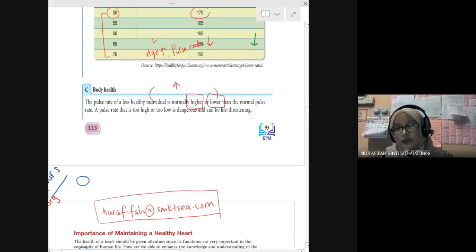Maybe it is because of another disease. Maybe there is a heart attack, so the pulse rate will become higher, or lower than the normal pulse rate. So it depends on the condition of your body.